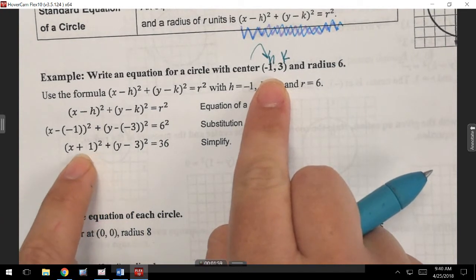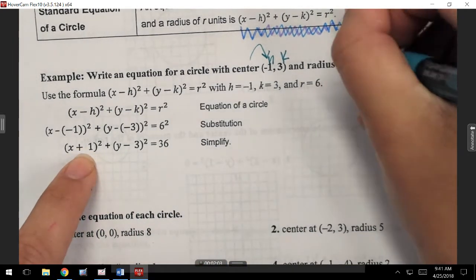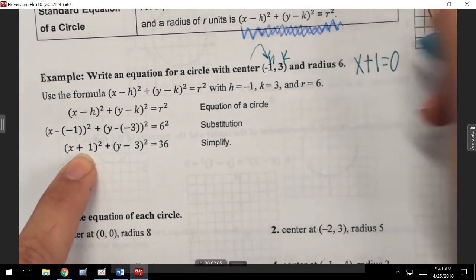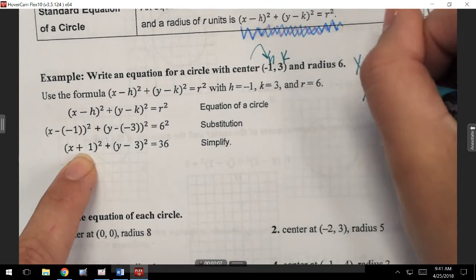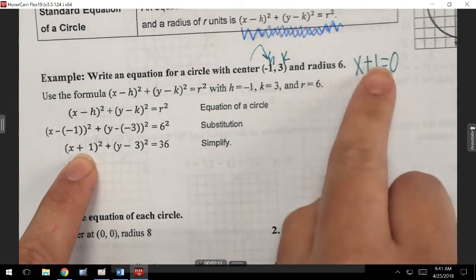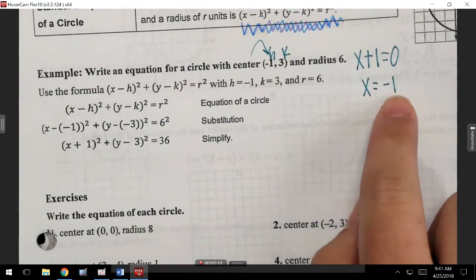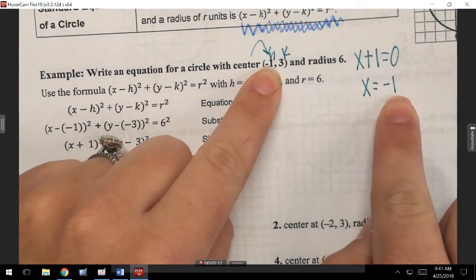Here's why. In this equation, if we have x plus 1, if you set that equal to 0, it's actually equal to -1. So when you plug it into this equation, you have to flip it, because when you solve it, you need this to be the same thing as this.